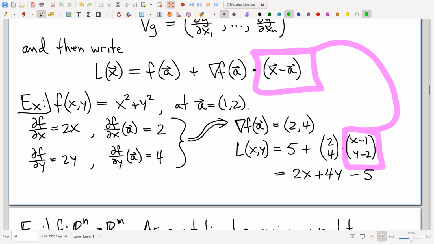The coordinates of the x vector are x, y, and the coordinates of the a vector are 1, 2. So when you take the vector x minus the vector a, the coordinates subtract by coordinates. Is that cool? Yeah. Cool.